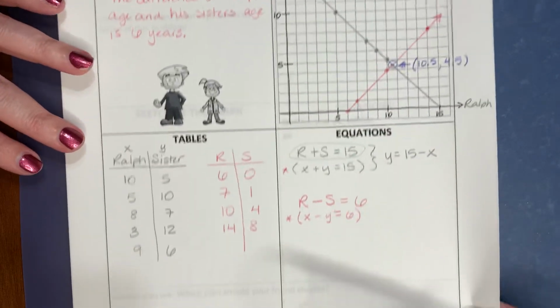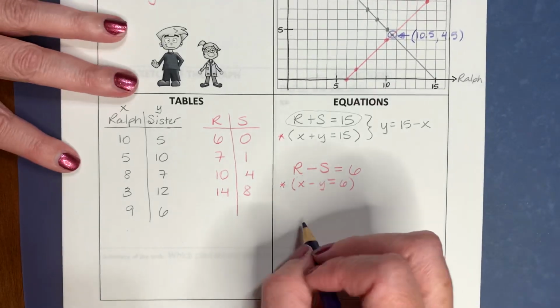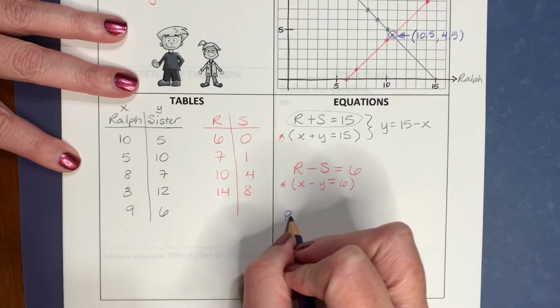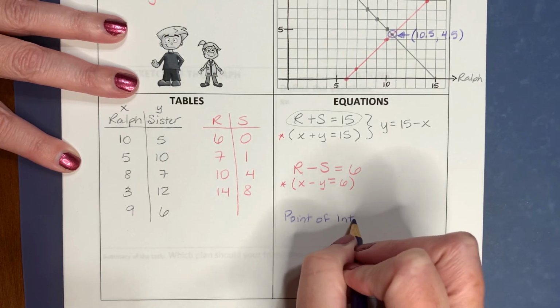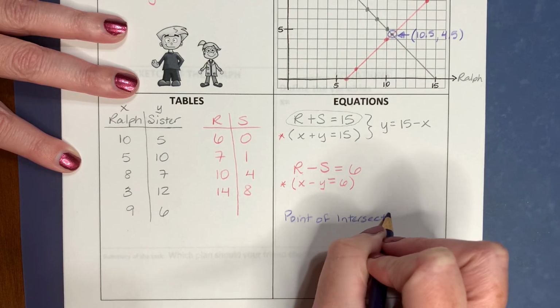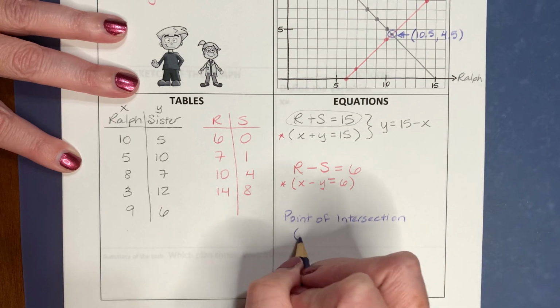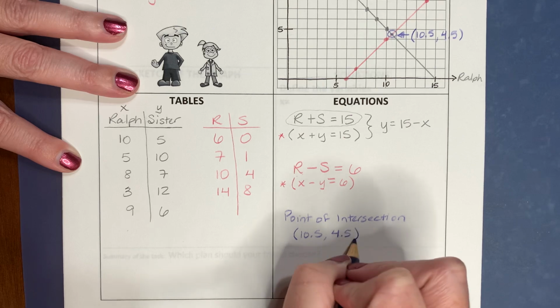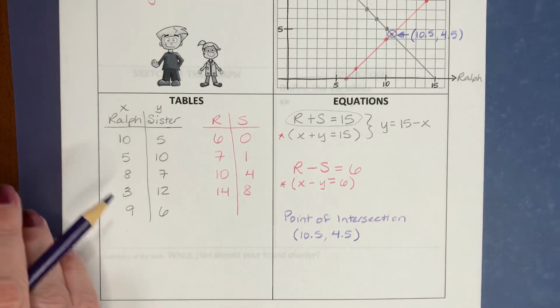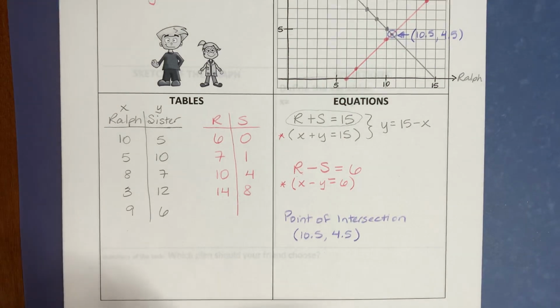Well, what does that mean, right? So let's come down here and we'll say point of intersection is going to be 10.5, 4.5. Well, what does that mean for us, right? Well, that means that's where the two lines intersect. But what does that mean?